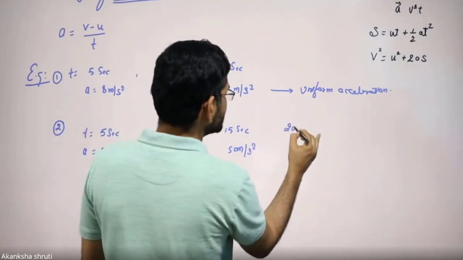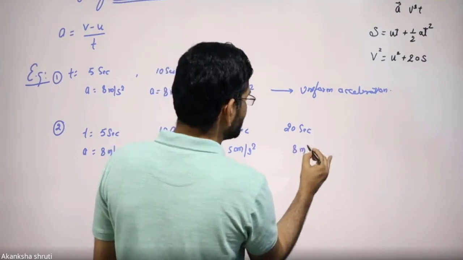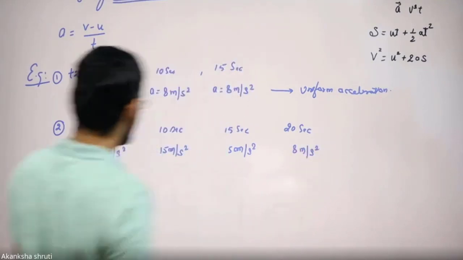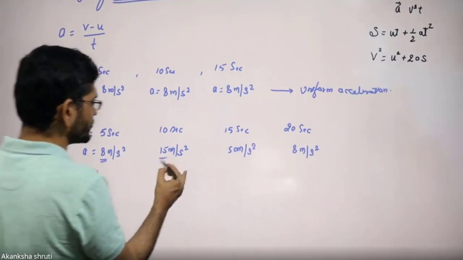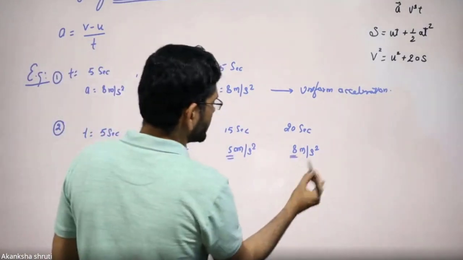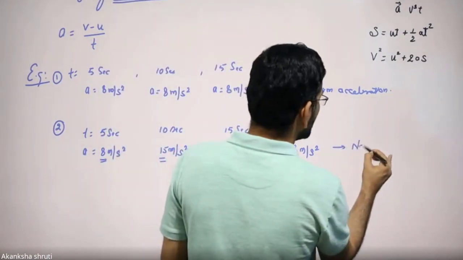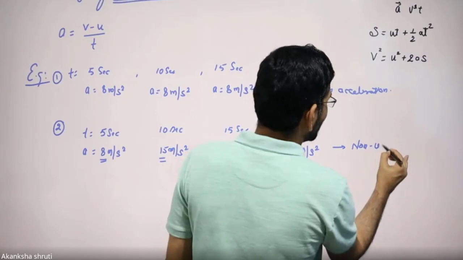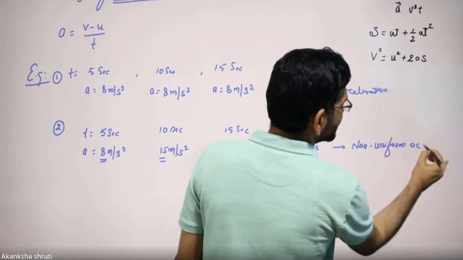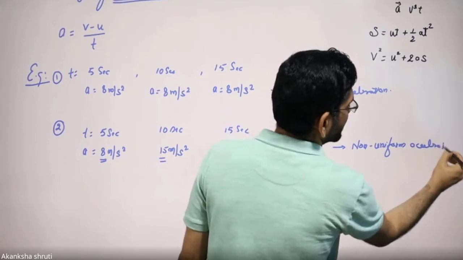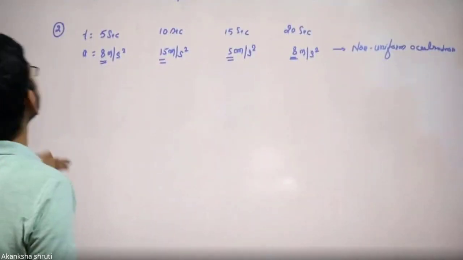At 20 seconds, the acceleration is 8 meter per second square. So here we are getting that acceleration is changing from 8 to 15 to 5 to 8 again. So this is called non-uniform acceleration. So students, let us write this one also.